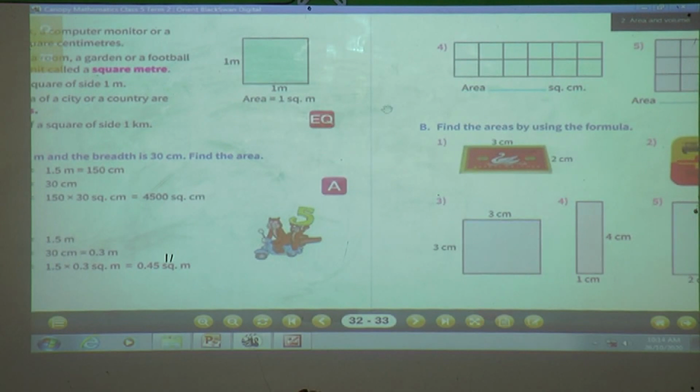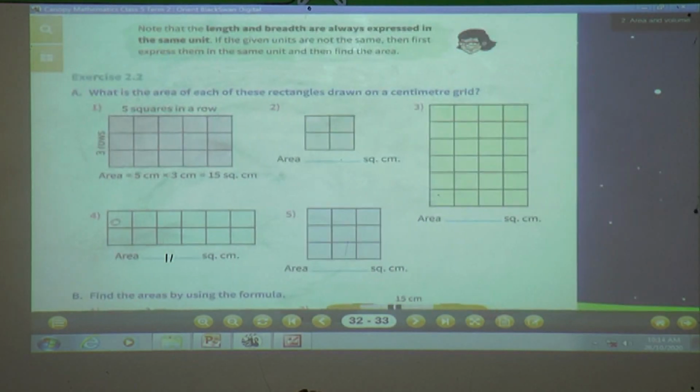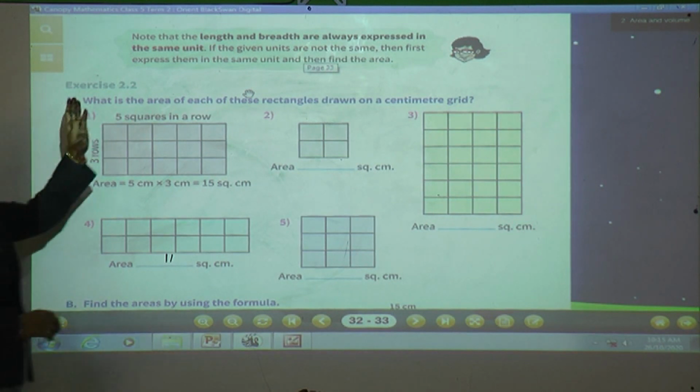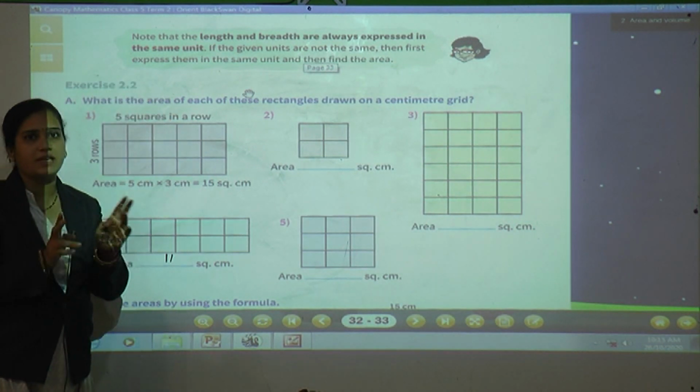On page number 33, here is a note. Note that the length and the breadth are always expressed in the same unit. If the given units are not the same, then first express them in the same unit and then find the area. Always remember this students, length and breadth are always expressed in same units.